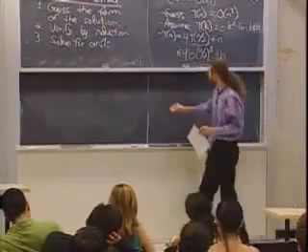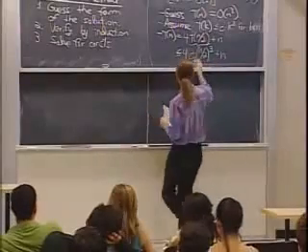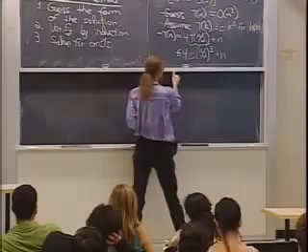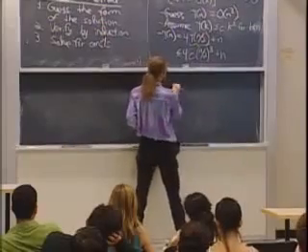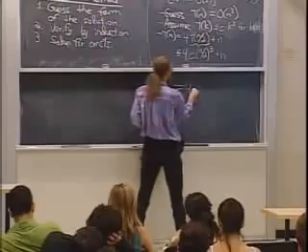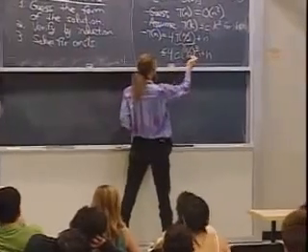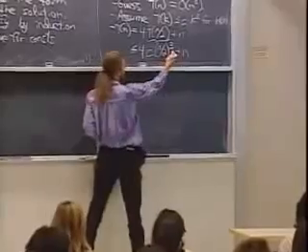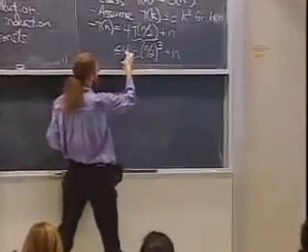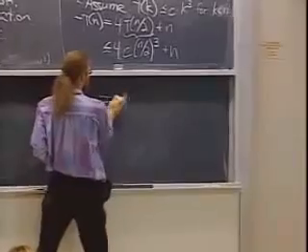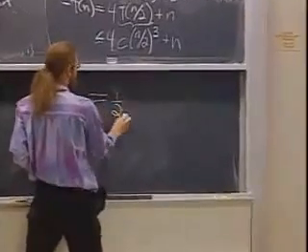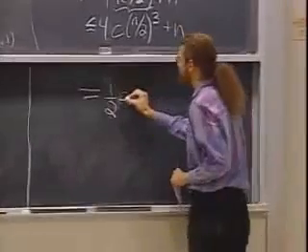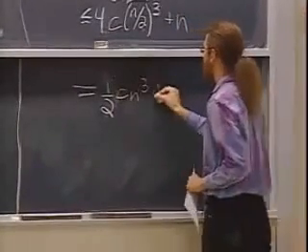their hinges. OK, so continuing on here, let's expand this a little bit. So we have n cubed over 2 cubed. 2 cubed is 8, so 4 over 8 is a half. So we have a half times c times n cubed plus n.